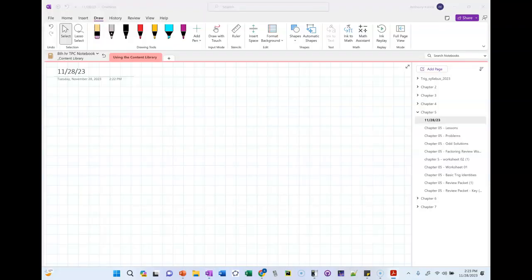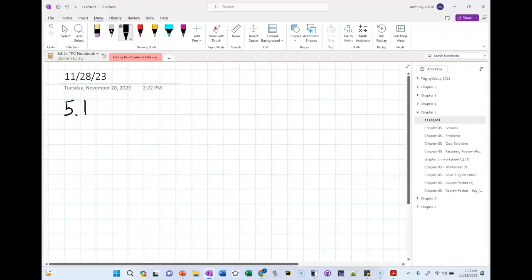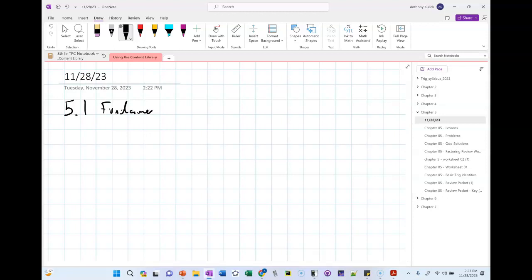So our plan here in chapter 5 is we're going to learn how to solve more complicated trig equations. In the previous chapter, we learned how to solve just the most basic of basic trig equations, like sine theta equals 0.57 or something, right?